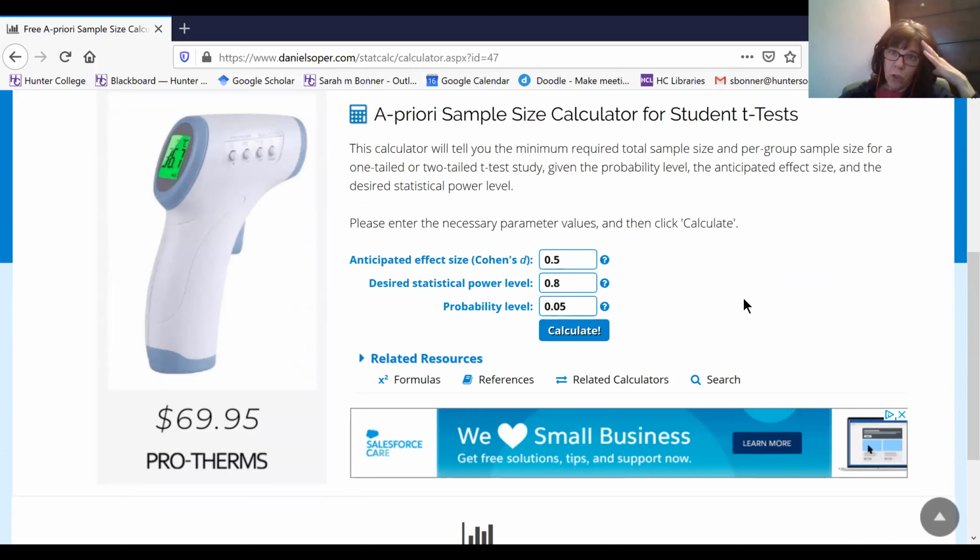It knows that you're doing a t-test, which means you have 2 groups. You may be doing a one-tailed or a two-tailed test. In this case, if you remember the hypotheses, mu0 equals mu1 or mu0 does not equal mu1. There was no directionality. So this is a two-tailed test.